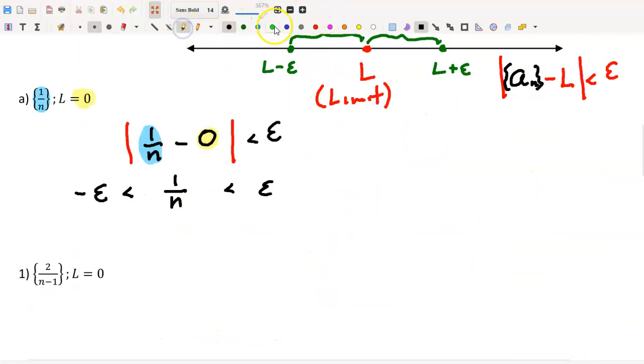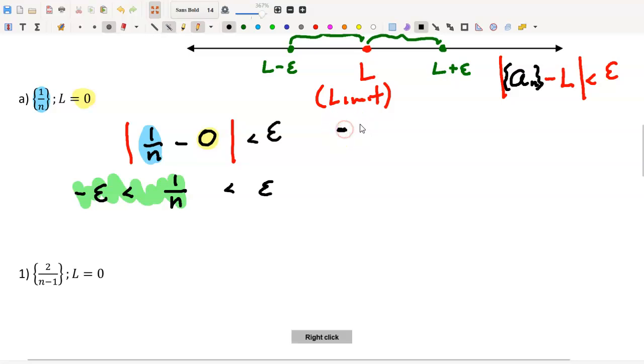So I'm going to solve this one first. So negative epsilon, you've got to watch all your rules for inequality signs. Make sure we don't mess up on those. We can see, multiply both sides by n, divide both sides by this negative epsilon, and we'll get n greater than 1 over negative epsilon.